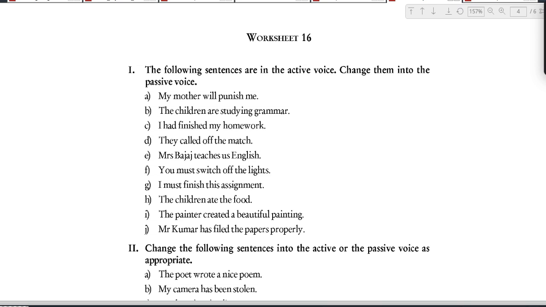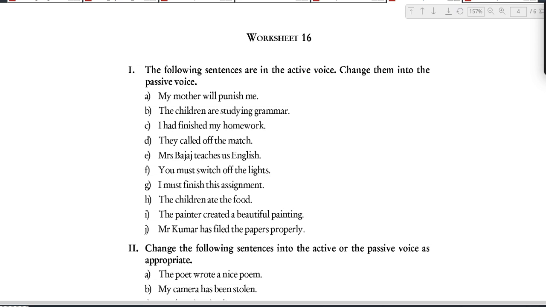I don't know this one. What do you use for has? Has filed is present perfect.